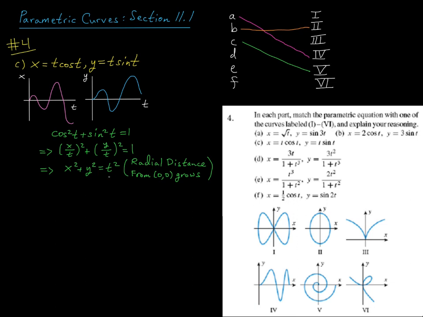And see, this looks like the equation of a circle centered at the origin of radius t. But here you have to remember that t is increasing. So what this relationship really tells me is that the radial distance from the origin grows as t increases. So if we put all of that together, we are looking at curve 5. I'm spiraling outwards away from the origin.